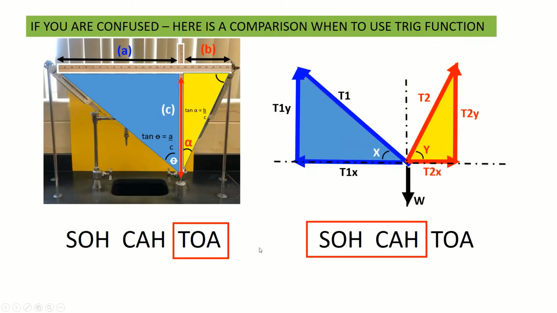Now at this point, you are probably a little bit confused about when to use tangent and when to use sine and cosine. Previously, to determine those angles, theta and alpha, you used tangent because you measured the opposite and you measured the adjacent.